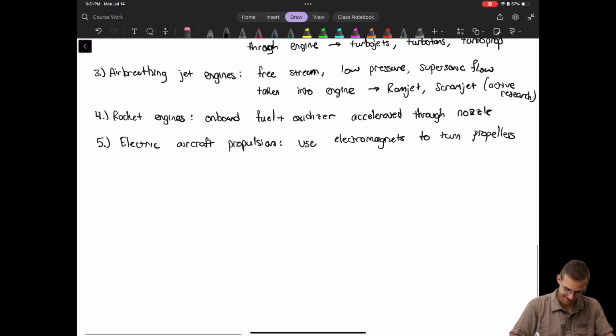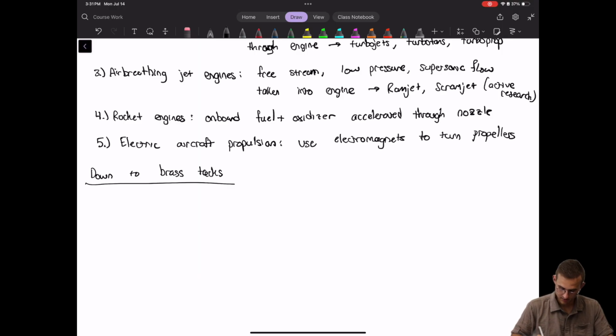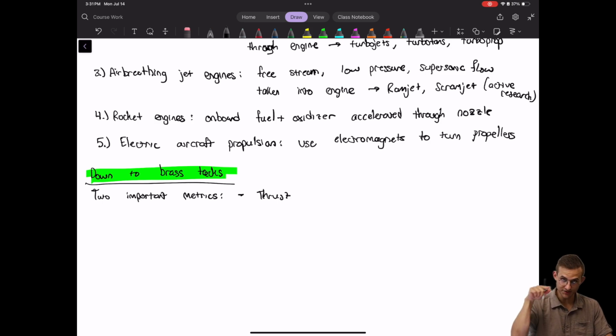Let's get down to brass tacks and really start defining some of our important metrics here. There are two important metrics in particular. One is thrust, which is the force generated along the engine axis.